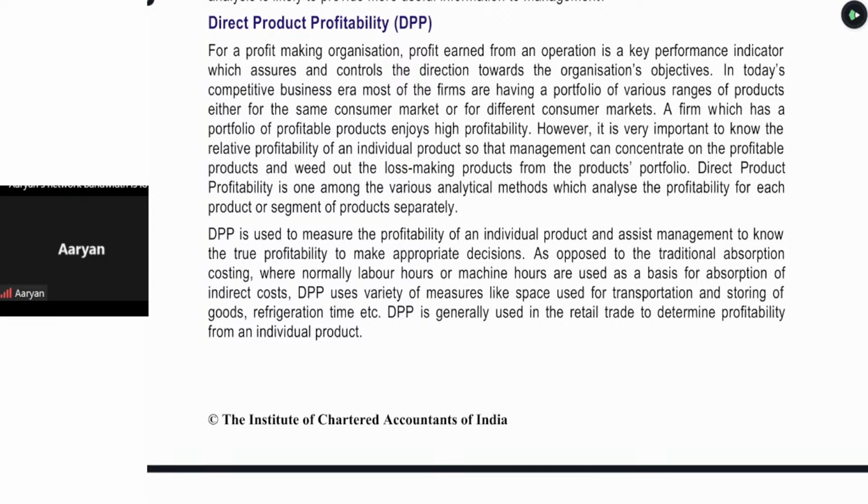And in case you have completed the reading, beta, please communicate to me so that we can start the discussion part. Okay, done. Chalo beta. So let's start.